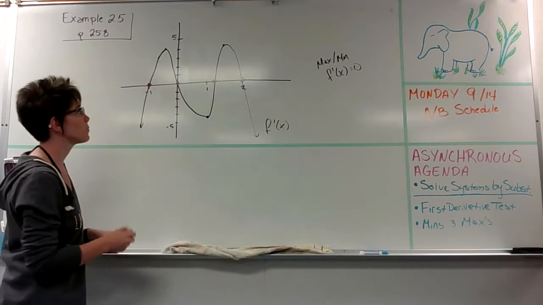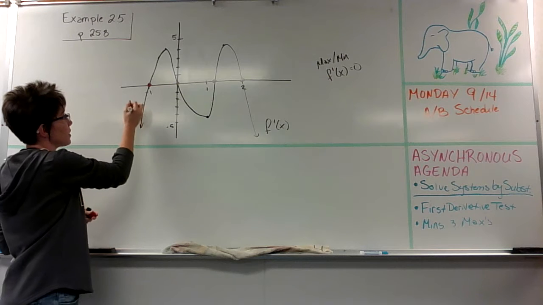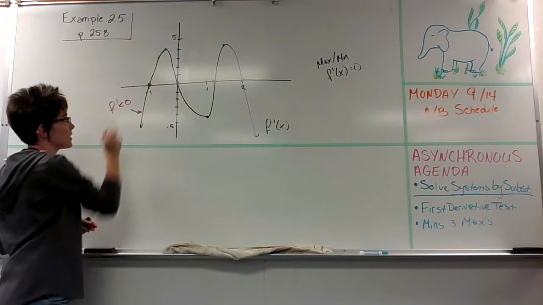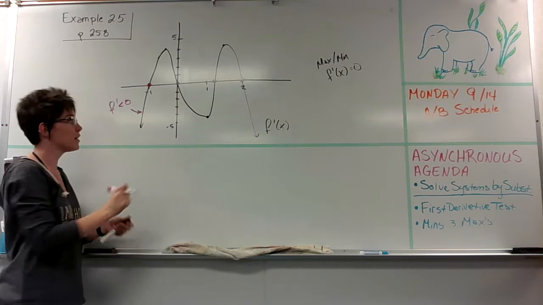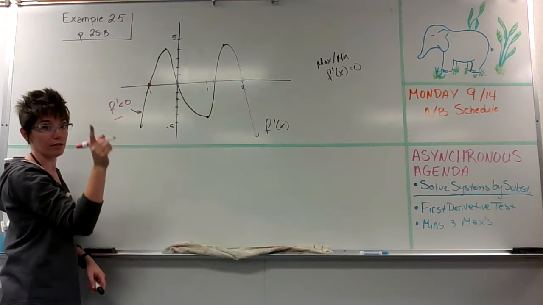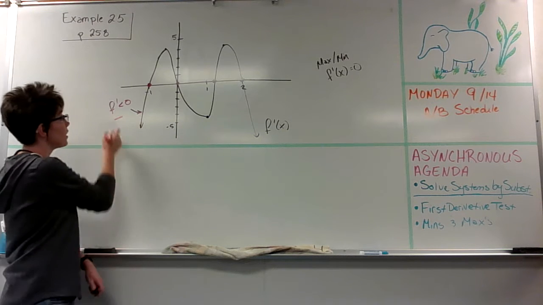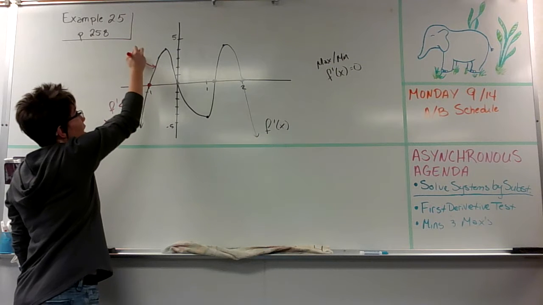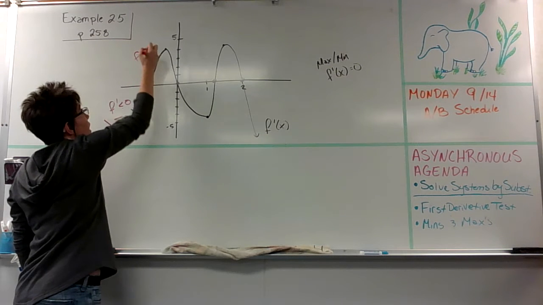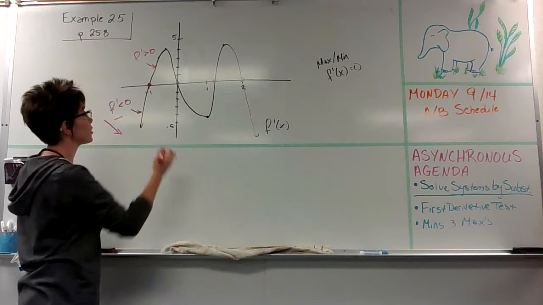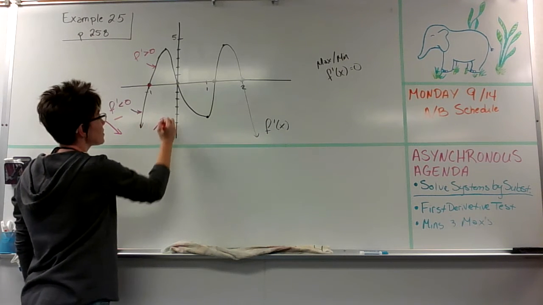So take a look here. This tells me that f prime is less than 0, it's negative, and so that means that my slopes are negative. So for the original function, the slopes are negative. But up here, f prime itself is positive, and that tells me that the slope of the original function there is going to be positive.